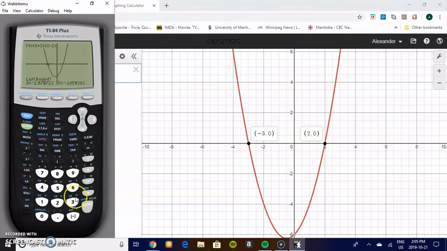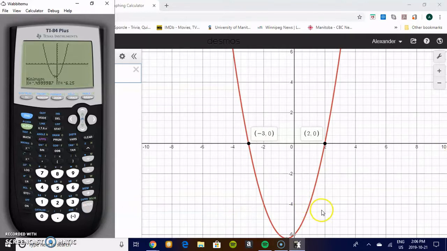So I'll hit number 3. And we have the left bound, right bound again, but now we're doing it around the vertex here at the bottom. So I'm already on the left. I'm going to hit enter. I'm going to go over to the other side. Hit enter. Enter again. And we see the vertex is at -0.5 and -6.25.